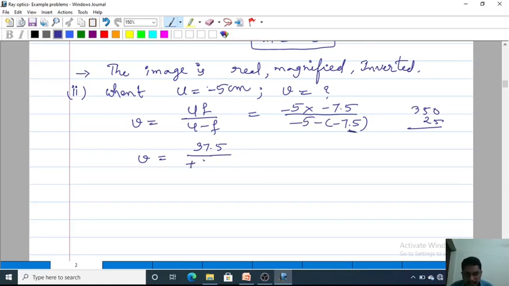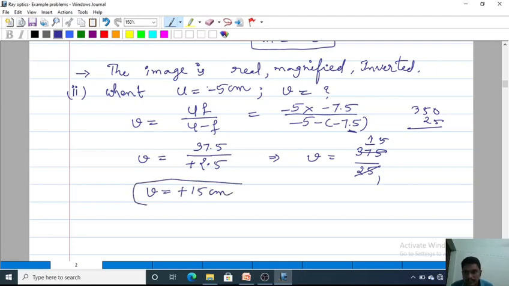So v equals 37.5 by 2.5, which gives 15. We'll get the image at 15 centimeters, v equals 15 centimeters. This is the position of the image.